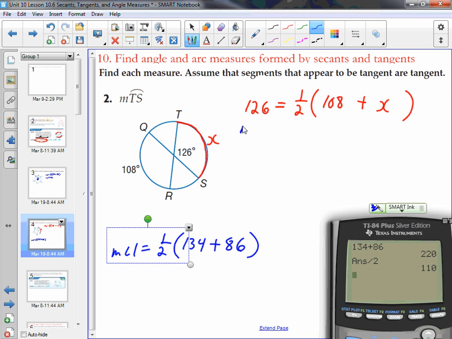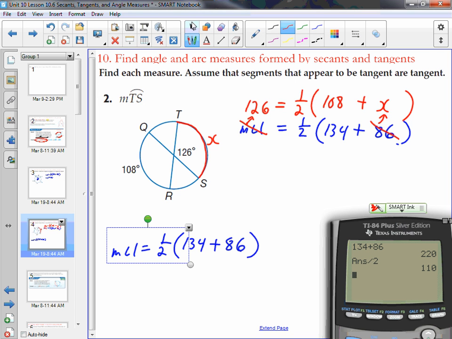We had the measure of angle 1, and in number 2, we knew what the measure of angle 1 was. So I'll put the number instead of the symbols: measure of angle 1 equals 1/2 the sum of the intercepted arcs. We knew that one arc was that, and we knew the other arc was that. The difference in number 2 is we know that measure, it's 126. We don't know that one, so we call it x. Does that help?